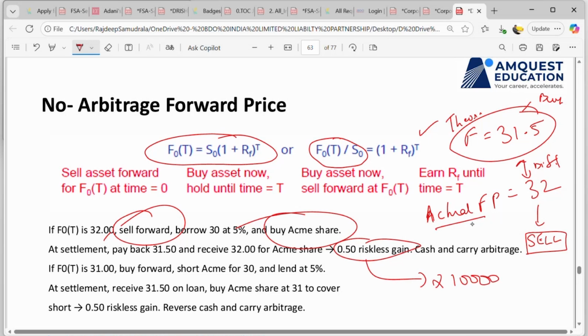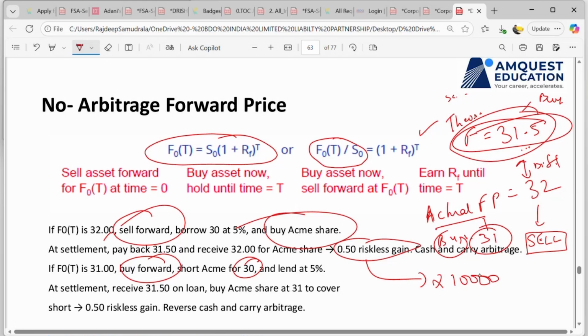Chalo. What if the actual price is not 32 but 31? Then what? This is 31.5, and here it is 31. So superb. Do the opposite. Buy the cheap, remember, and sell the costly. So I will go and buy the forward immediately, and I will short the shares today at 30. Like, boss, this is a good deal. I'll short it, I'll lend it, and I'll get 30. After 1 year, you will receive 31.5 from the shorting, and here you will have to pay 31.